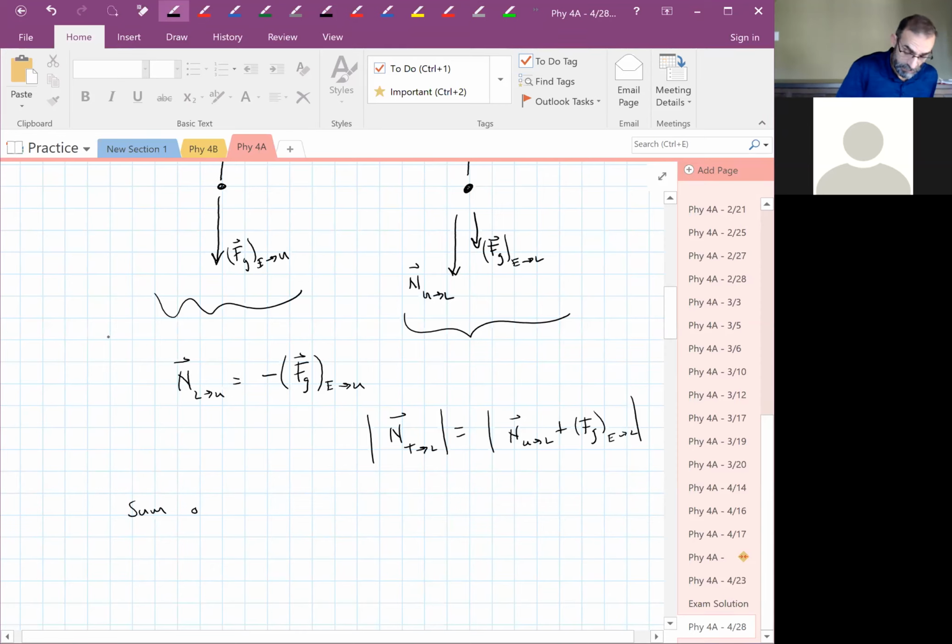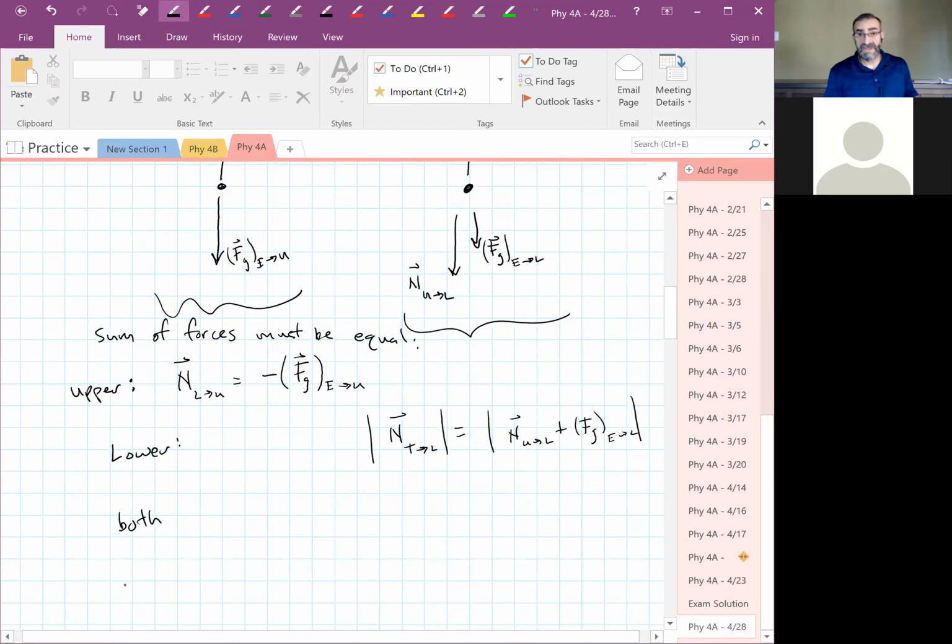I guess I could write it right here. Sum of forces. So this is the upper. This is the lower. And this is both together. We could view these two books as one big book, kind of replace these two little books with one big book, right?